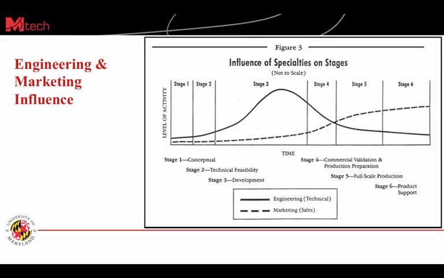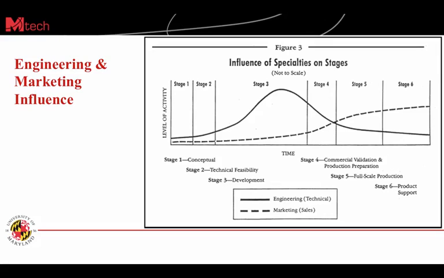And you can see that the marketing and sales and customer interaction stages kind of go from relatively low, but they gradually increase and they become dominant in stages 5 and 6. And so this is a good portrayal of a pretty pro forma new product development process in the manufacturing world.